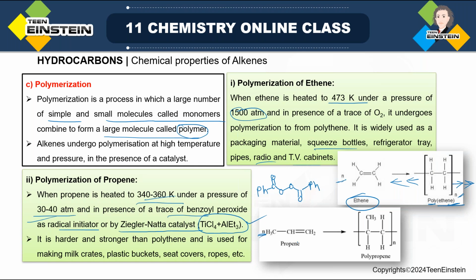So n number of propene we are taking and we are getting polypropene. This unit will be repeated again and again in the polymer. It is harder and stronger than polythene, and that is why its application is a little different. Look at this seat cover, ropes, plastic bucket. Obviously these are harder and stronger than these previous examples, right?